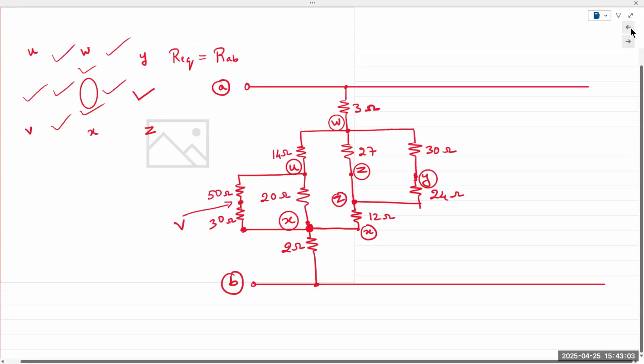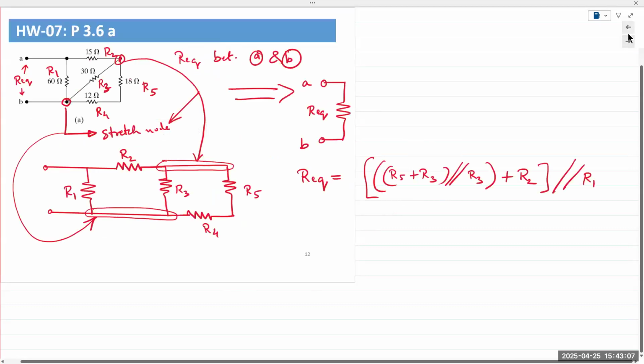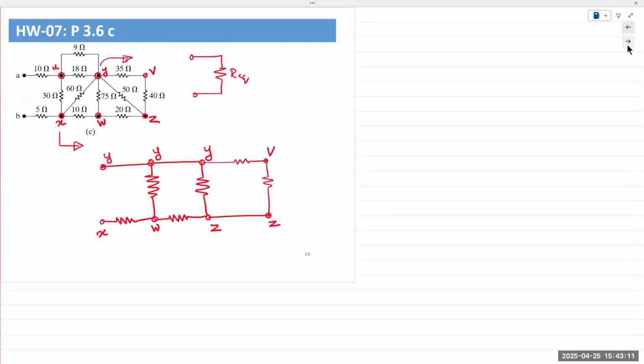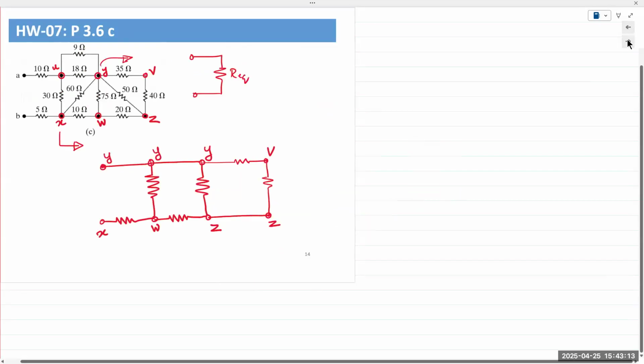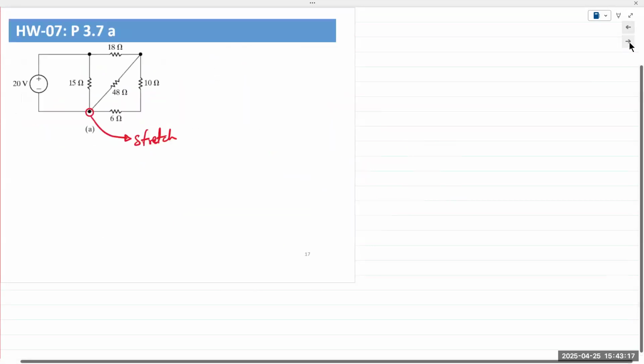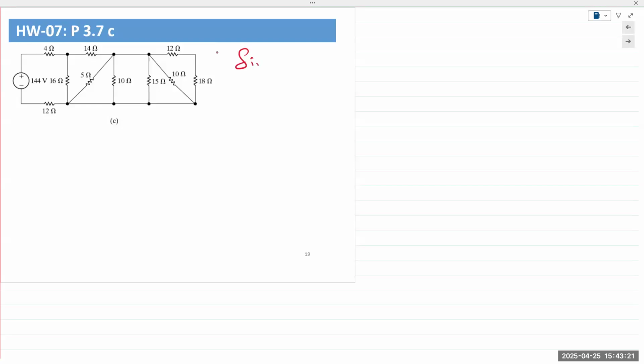So let's see. Not B. 3.6A, B, C. I think 6. 3.6C.